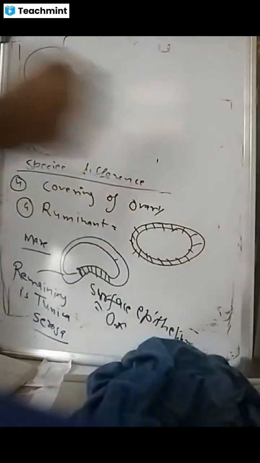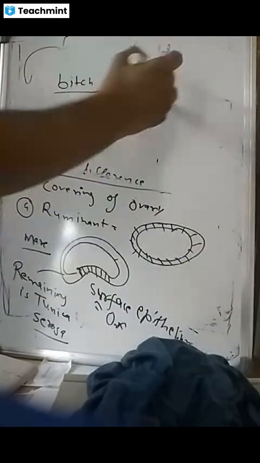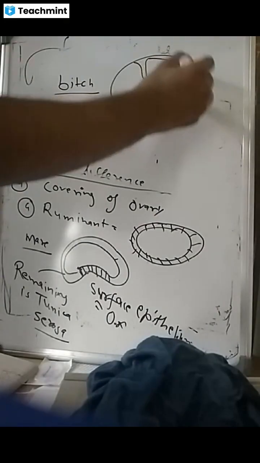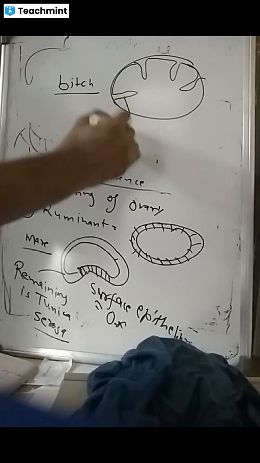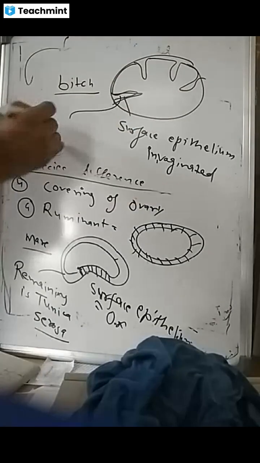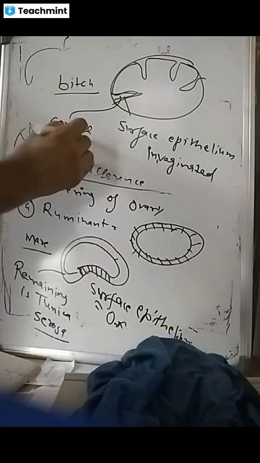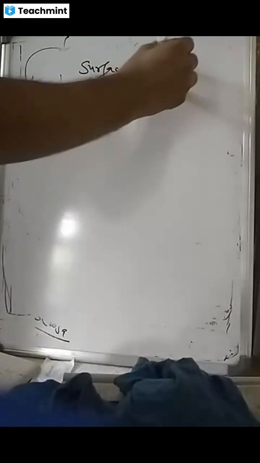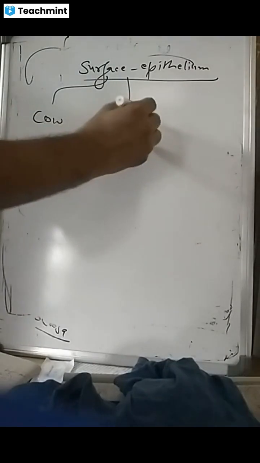In the bitch, the surface is invaginated, and these epithelial invaginations are known as cortical tubules. So the surface epithelium in cow, mare, and bitch differs.